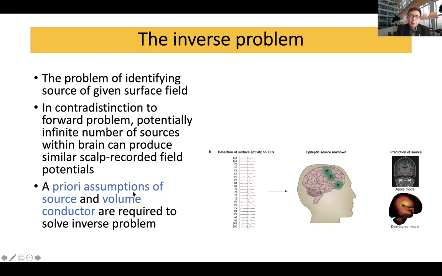That's why a priori assumptions of the source and volume conductor are required to solve the inverse problem, because when we get the EEG, it is difficult to know the number of sources within the brain; it is still unknown. Then we need a volume conductor to solve the inverse problem, after which we get the EEG source imaging by the dipole model or distributed model, which we're going to talk about later.